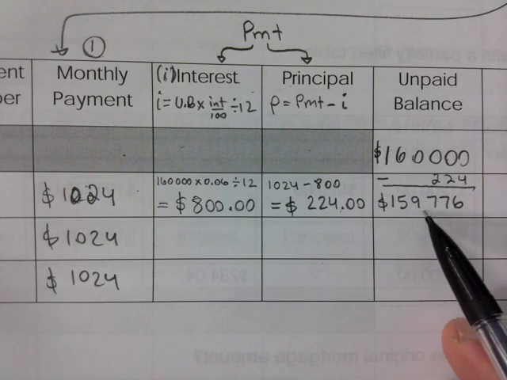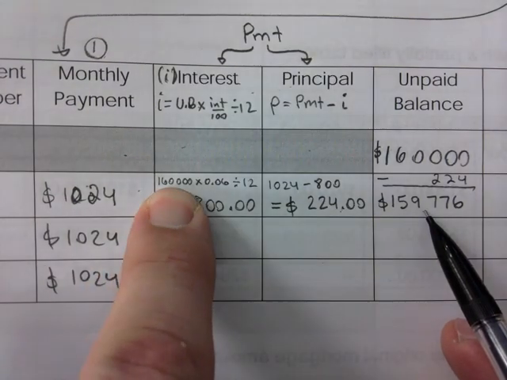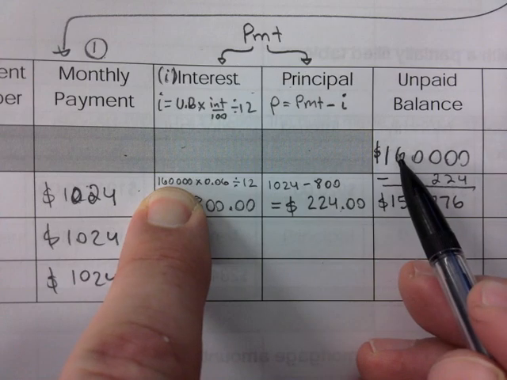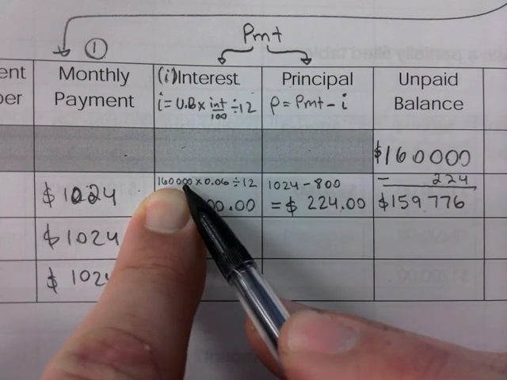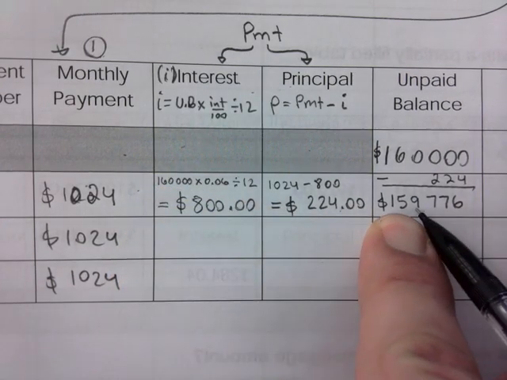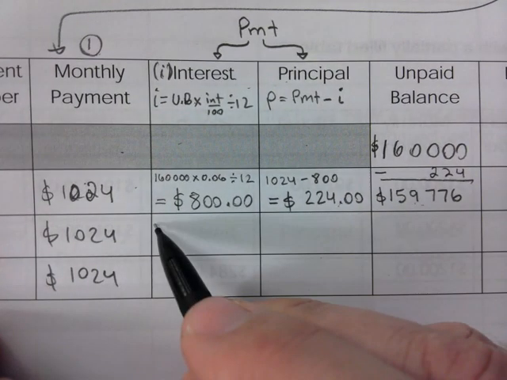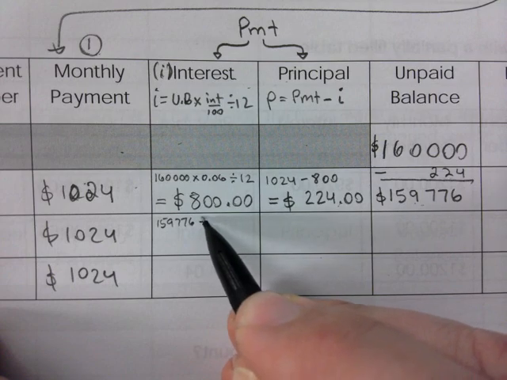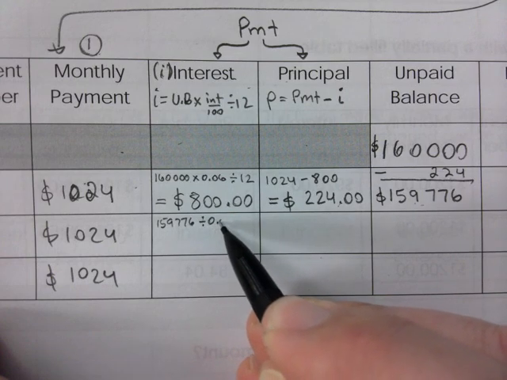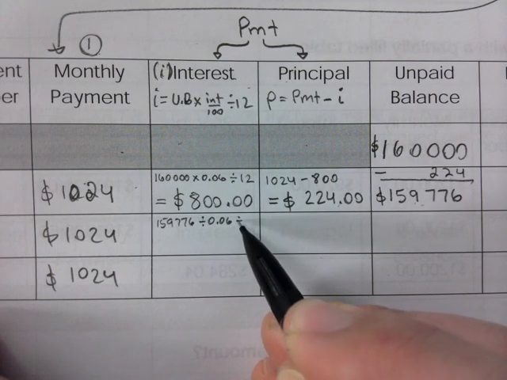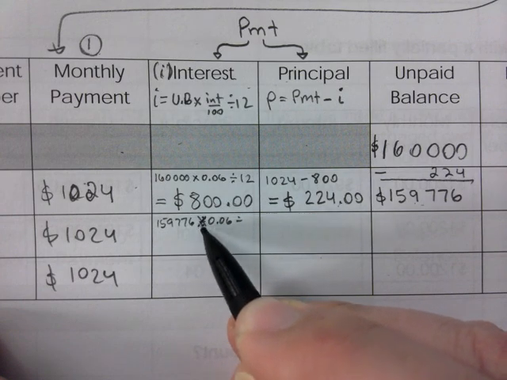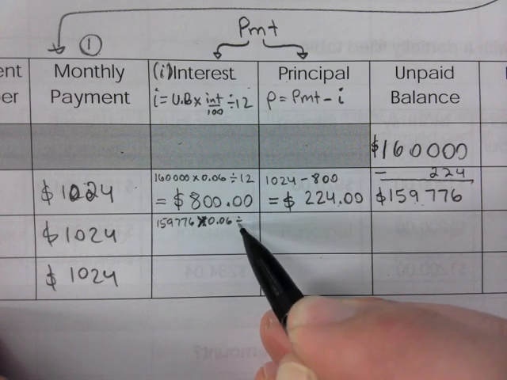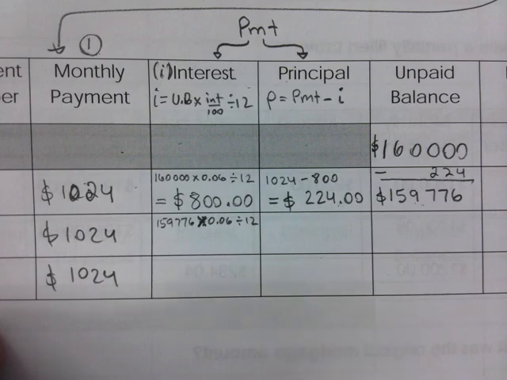Okay, this value gets carried over. You know how we use the 160 here? Now you only owe this much. So we go 159,776. Everything else stays the same in this case. Sorry, this is times, folks, not divide. It's divide by 12 at the end there.